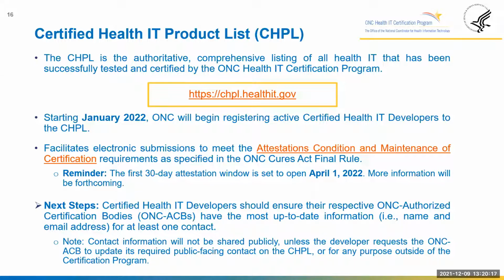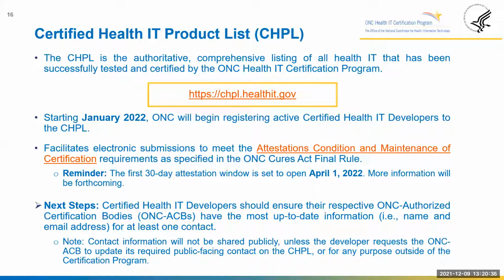Just as a note, in case there's any concern, contact information shared with the certification program as part of this developer access effort won't be shared publicly or for any purpose outside of the program. A quick clarification here is that public-facing and internal contact information can be different.